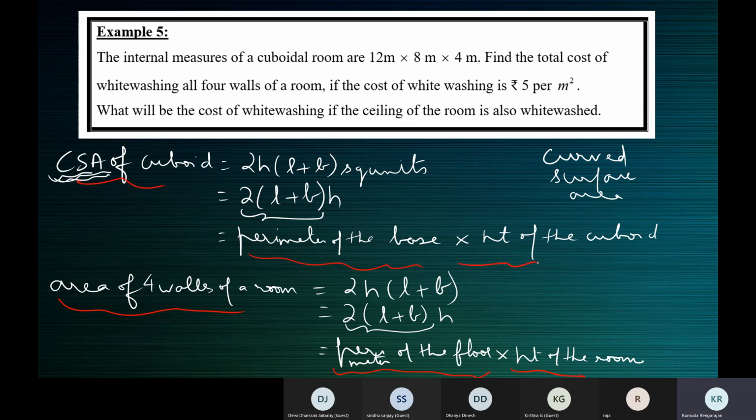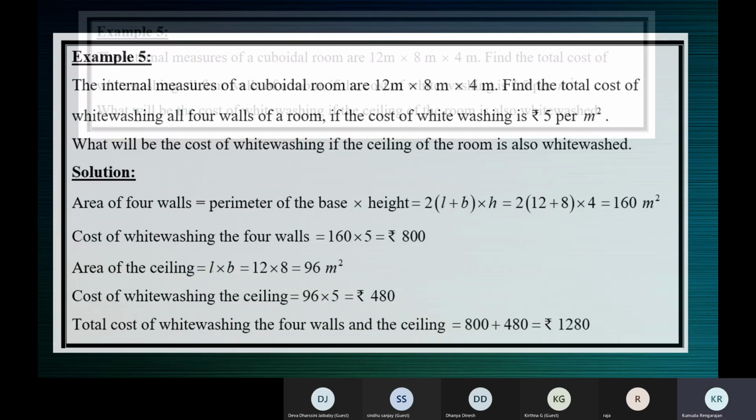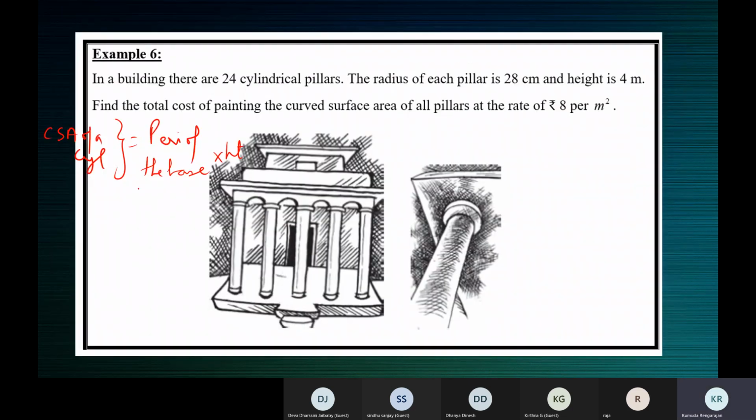Perimeter of the base into height is the curved surface area. Similarly here, perimeter of the base into height is the curved surface area.